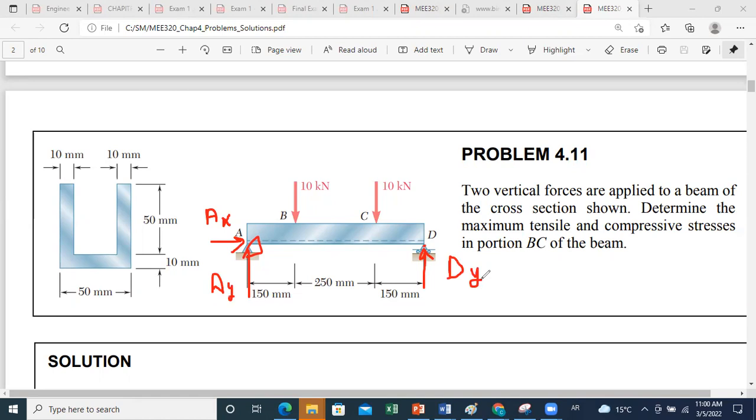Now if you do the equilibrium relations, sum of x equals 0, then you will get that AX is 0.